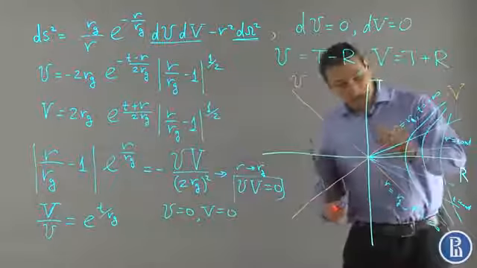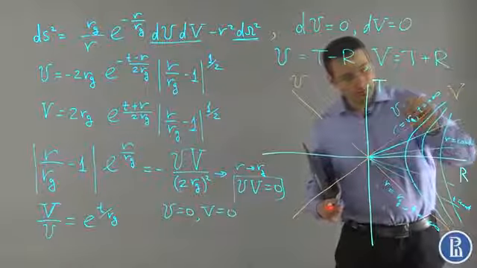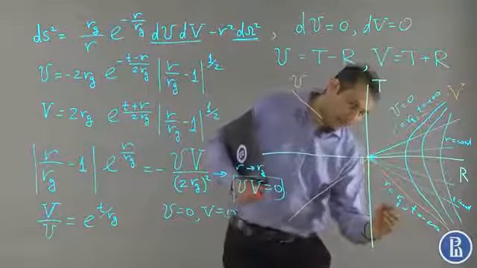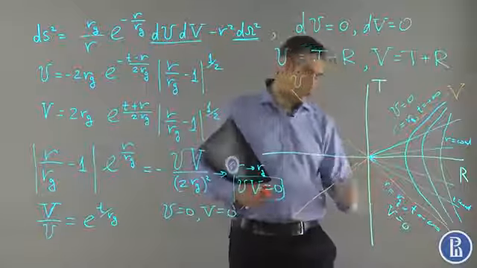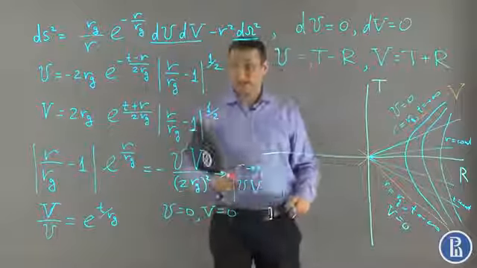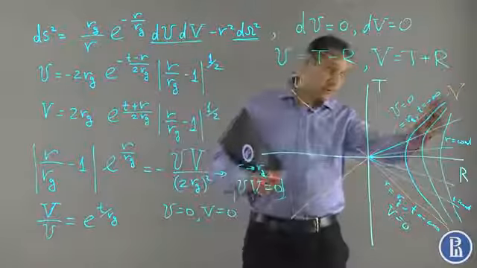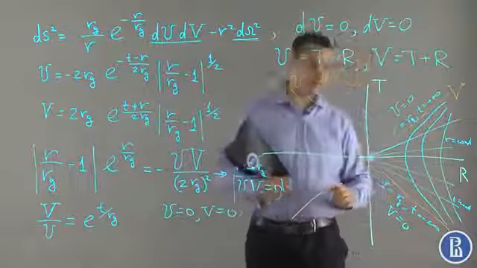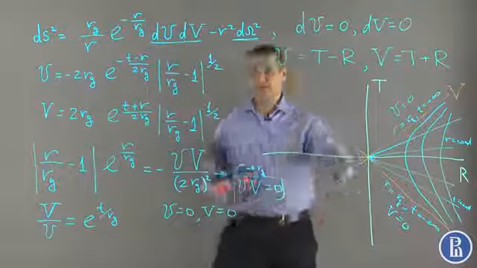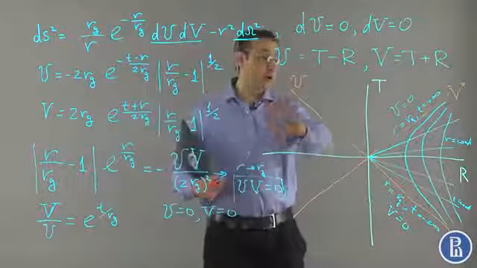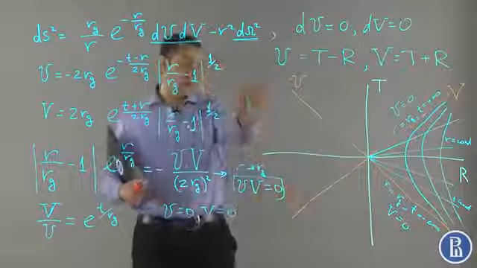So this is u equals 0, this line, and this is v equals 0, this line. Schwarzschild coordinates cover only this quadrant, while these u and v are similar to Minkowski coordinates covering the whole space.